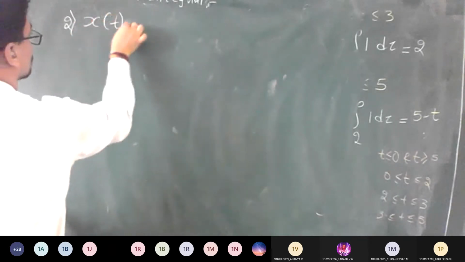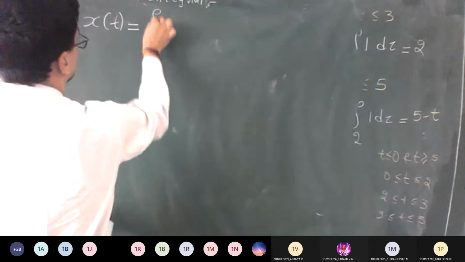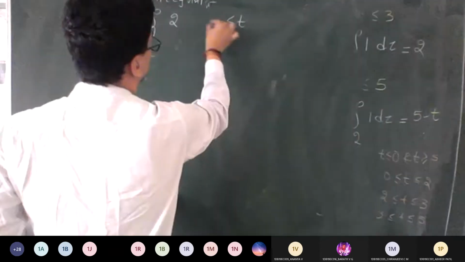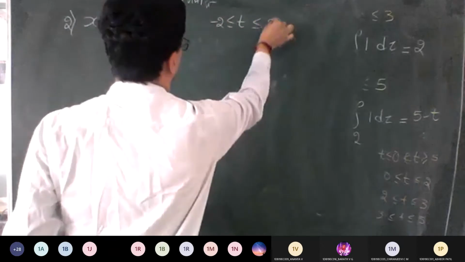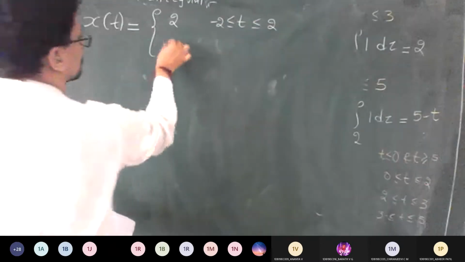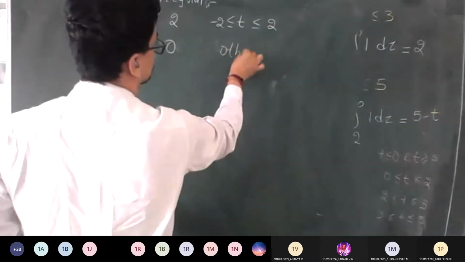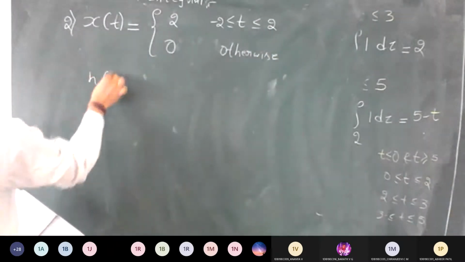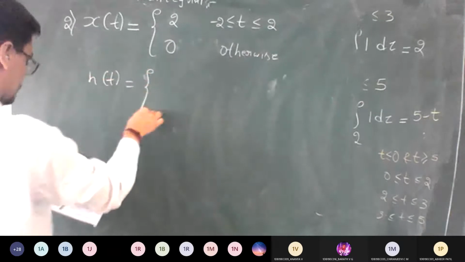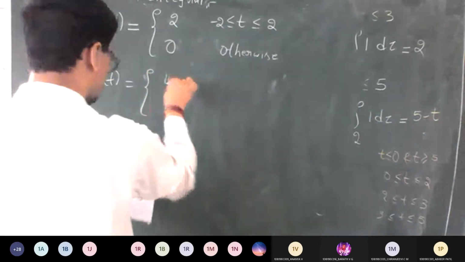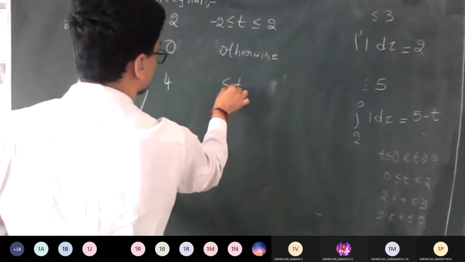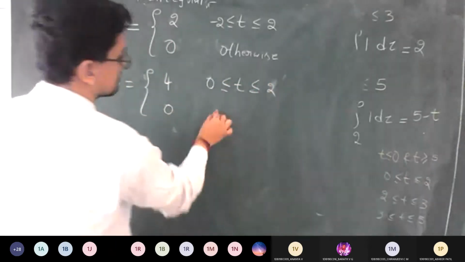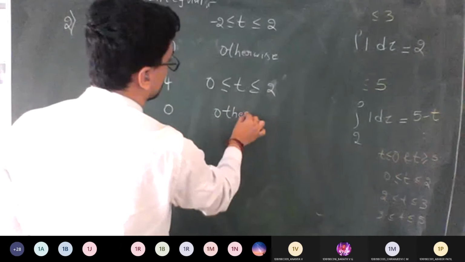You should tell me how to solve this problem. x of t is equal to 2 for t varying from -2 to +2, and 0 otherwise. Similarly, h of t is also given. h of t is equal to 4 for t varying from 0 to 2, and 0 otherwise.